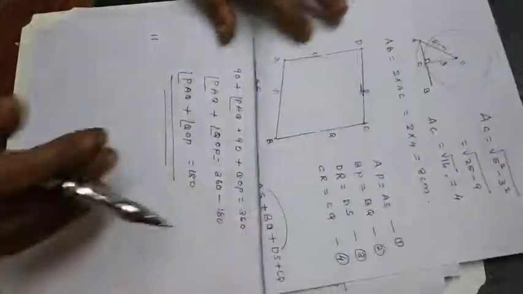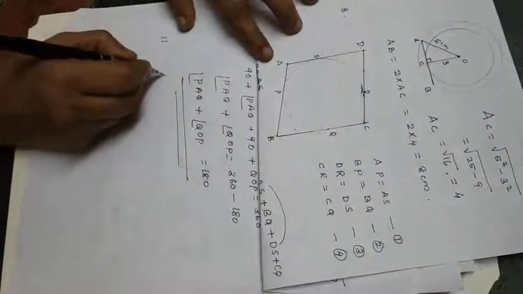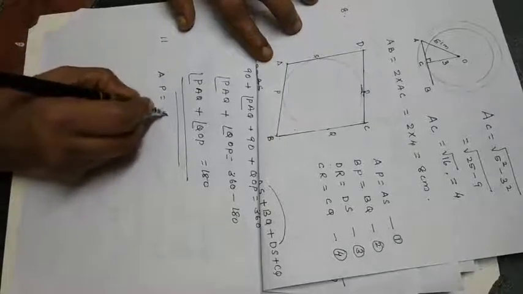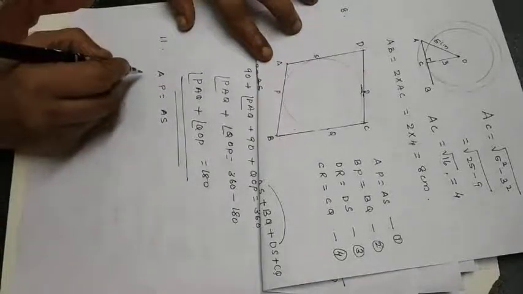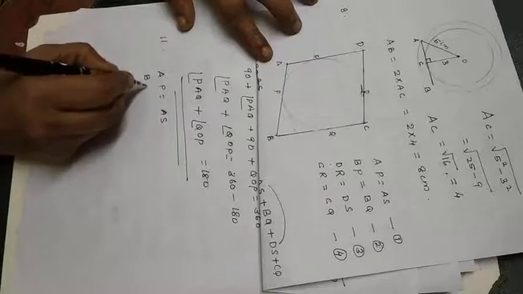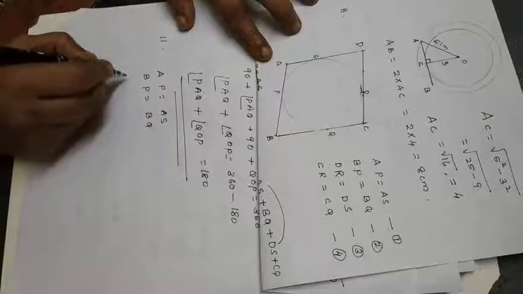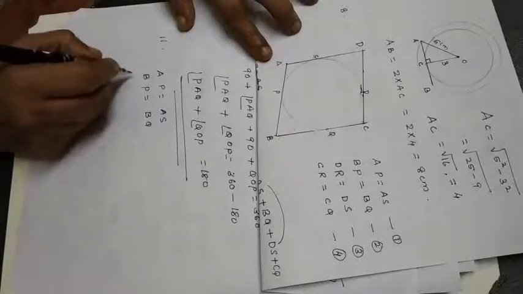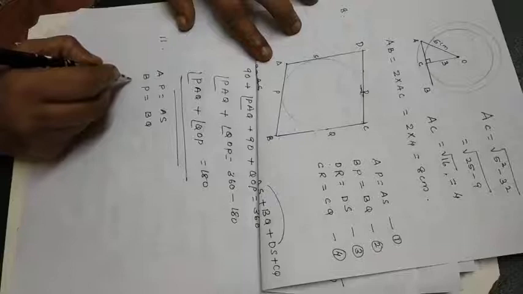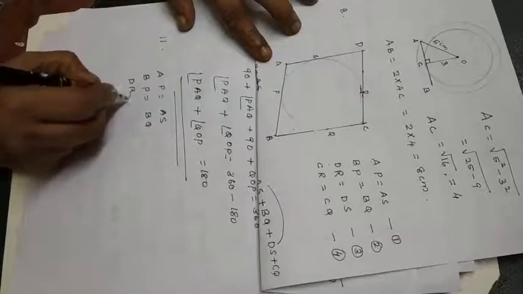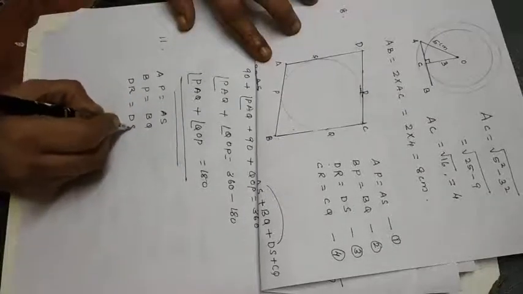Okay. Now let us keep it like so. What you have to do? AP is equal to AS. Okay. BP will be equal to BQ, and DR is equal to DS.